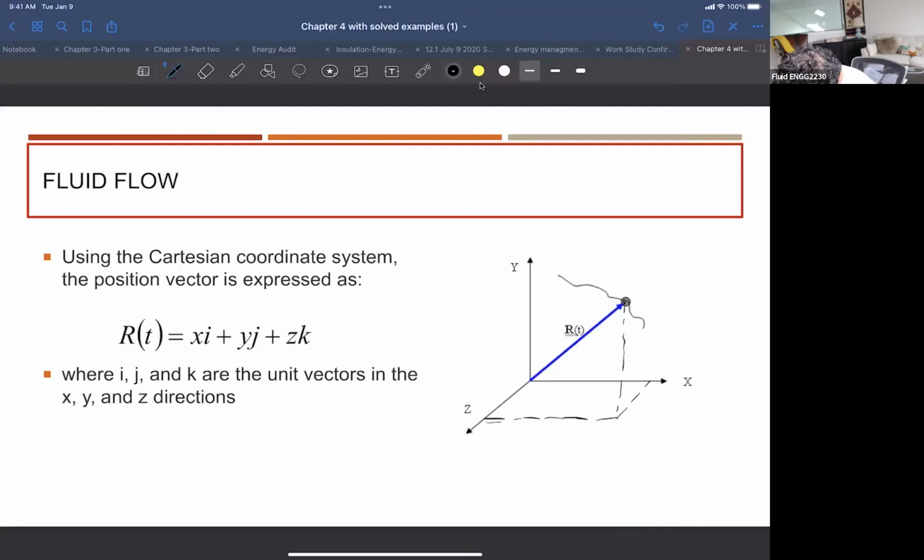So I can put the vector of the position. We call it, for example, R, and R of t means at time t, because this particle can be moving with time, which means I will have to find out the position as time is passing.